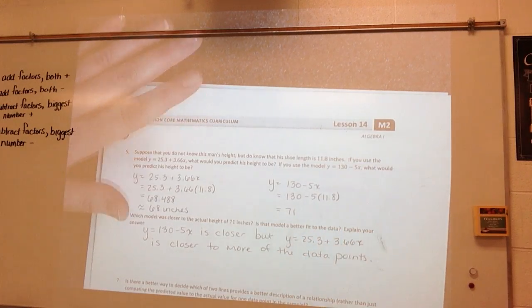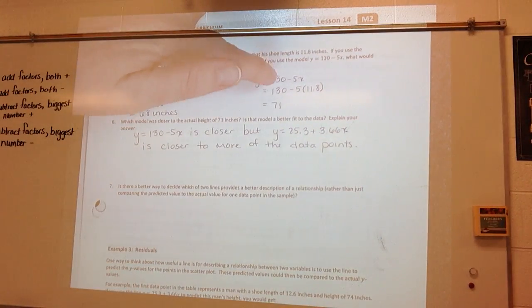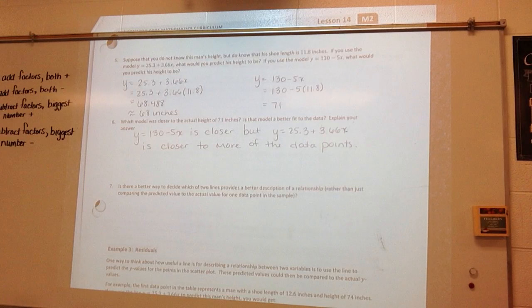So just because it worked for this one point does not mean it is the better fit line.